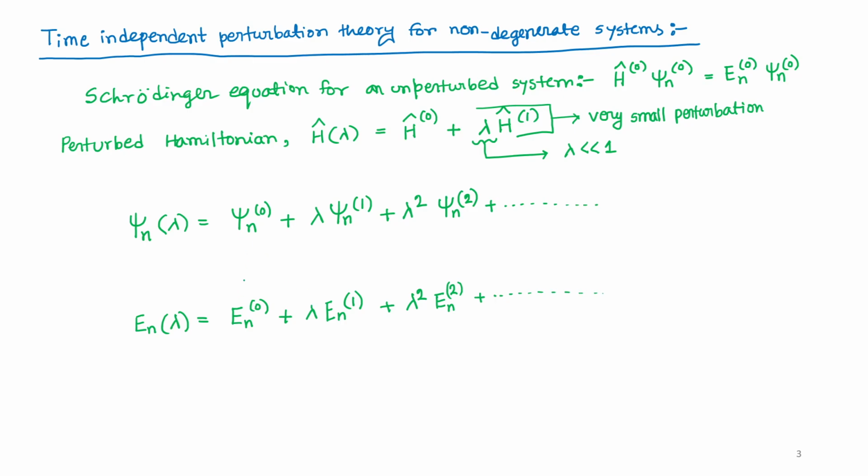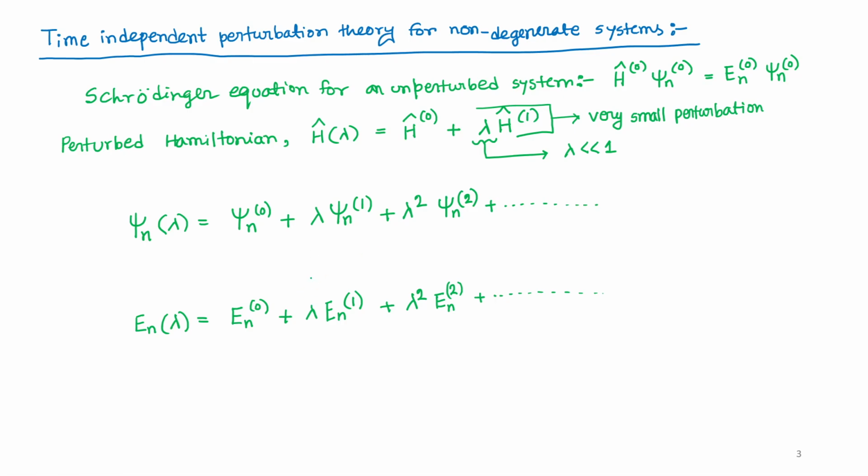We already know the zeroth order terms are the unperturbed part. So what are these two? This is the first order correction. The upper one is the first order correction to the wave function, and the lower one is the first order correction to the energy. So I'll just write it as a common term, first order correction. And what about the lambda square terms? This is the second order correction.